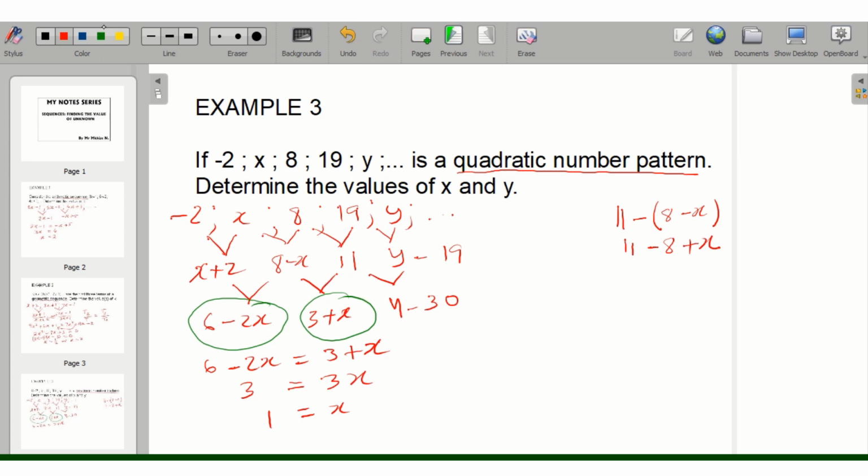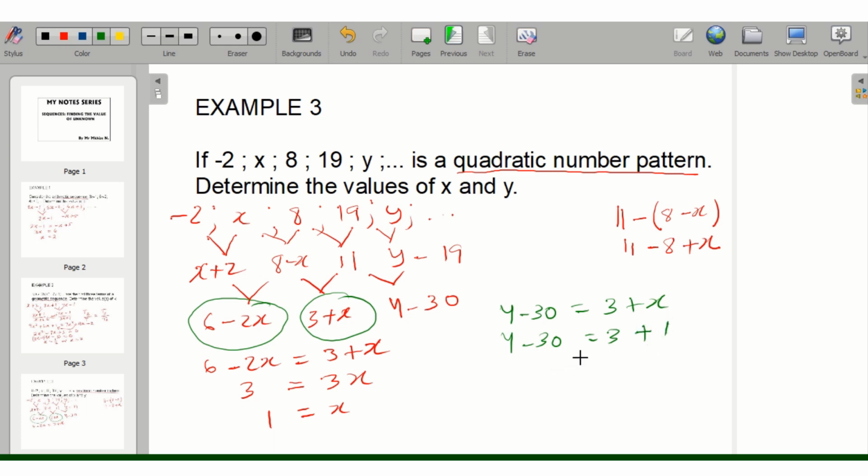Now let's write maybe with green for y. So now we say that y minus 30 is equal to 3 plus x, because this is also the second difference. y minus 30 equals 3 plus x, but we found x to be 1.